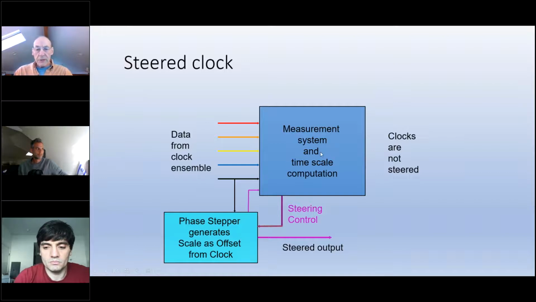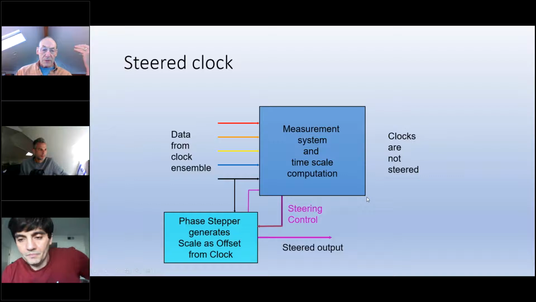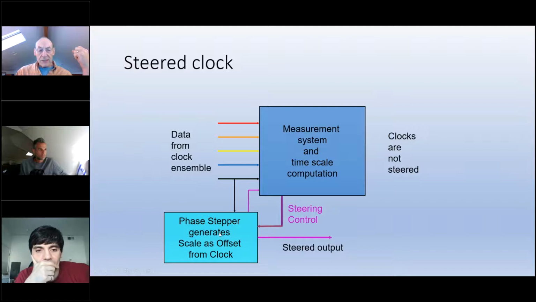Most folks use 1 pulse per second, but at NIST we have what's called a dual mixer measurement system, which actually takes the frequency of the clock as input. Then you have to account for the ambiguity of the cycle and get the actual time of each clock. But for the steering, you start with a frequency and do a phase offset for each cycle of the frequency to produce the steered output.